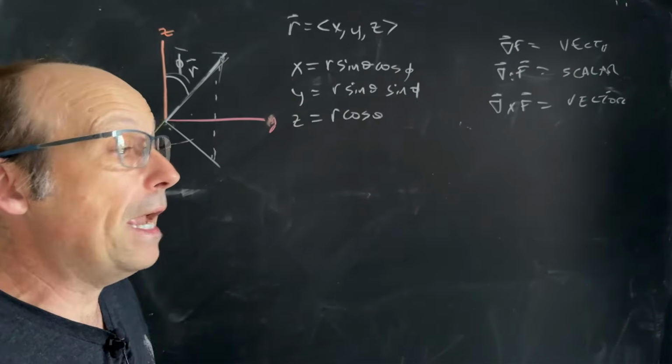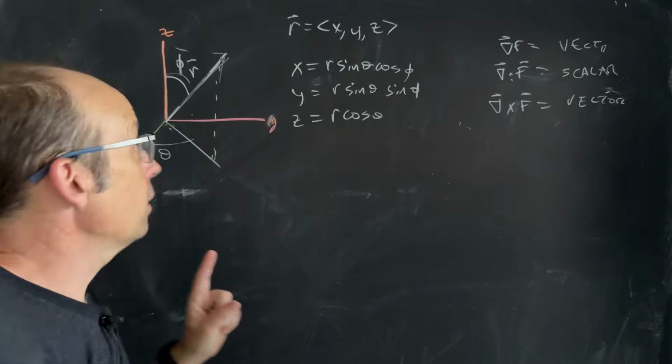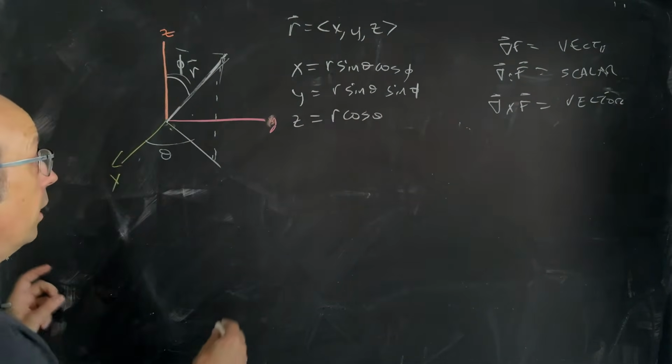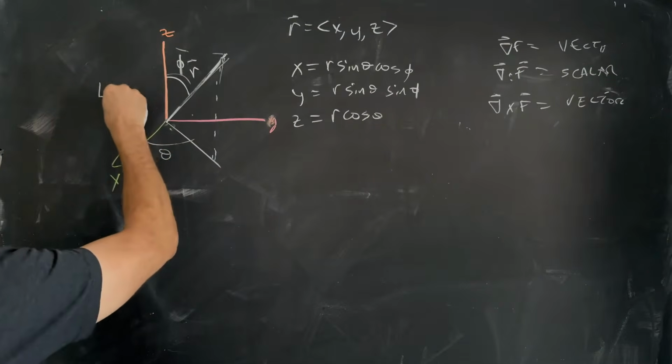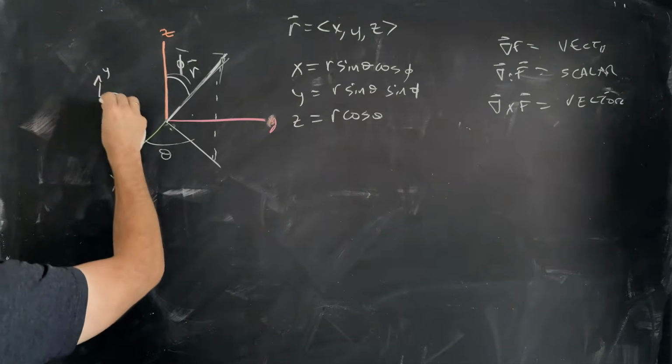Now, what you may not have seen is the unit vectors. Okay, so in Cartesian coordinates, we have these unit vectors x hat, y hat, z hat.